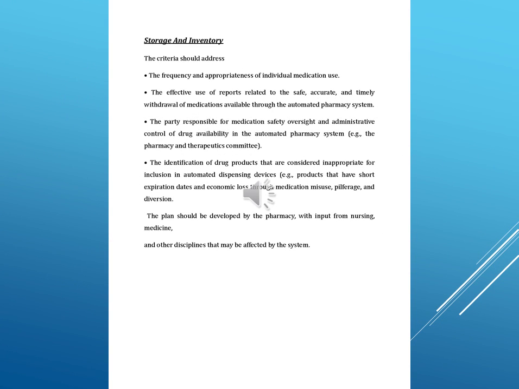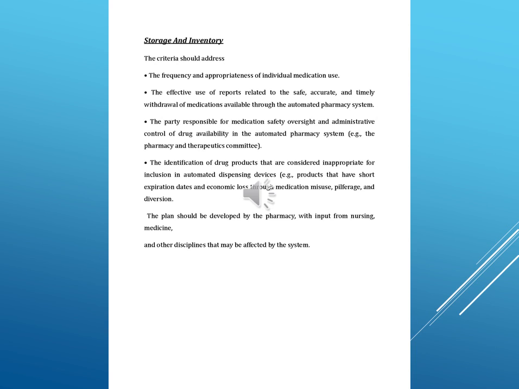The party responsible for medication safety oversight and administrative control of drug availability in the automated pharmacy system, e.g., the Pharmacy and Therapeutics Committee. The identification of drug products that are considered inappropriate for inclusion in automated dispensing devices, e.g., products that have short expiration dates and economic loss through medication misuse, pilferage, and diversion.